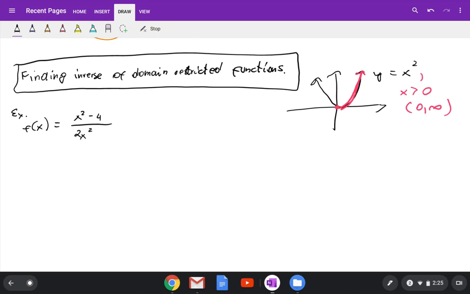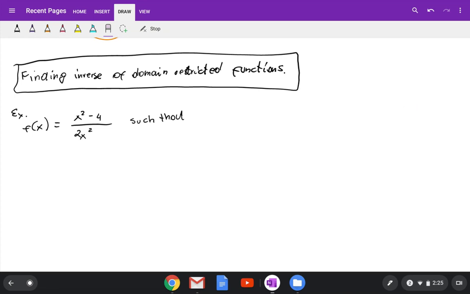So you can't find the inverse. However, we're going to restrict the domain such that, and let me just erase that because that's not the graph. I don't want anybody to confuse this one. I was just explaining. Such that x is greater than 0. So what that means, I restrict the domain and I'm only working with the domain from 0 to positive infinity.